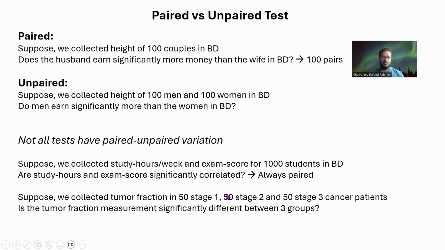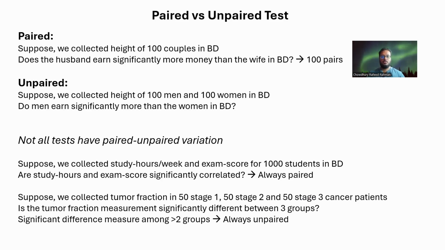Similarly, the tumor fraction measured in stage 2, is it significantly different compared to stage 1 and stage 3? And same question for stage 3, right? So if you want to compare the measurements between more than two groups, then we cannot really pair things up. So that is going to be always unpaired. So that is all about these different types of statistical testing.